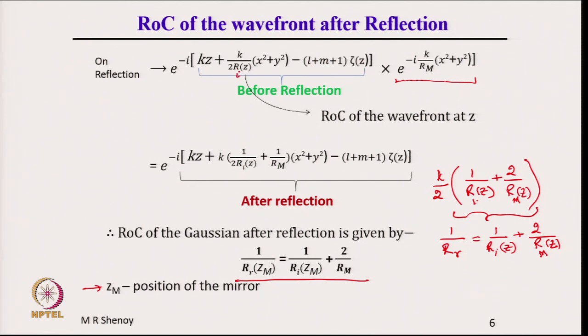So, let me write here incident r i of z, then the radius of curvature of the reflected beam at the mirror just after reflection is given by 1 by r r of z m is equal to 1 by radius of curvature of the incident beam plus 2 by radius of curvature of the mirror. This is important.